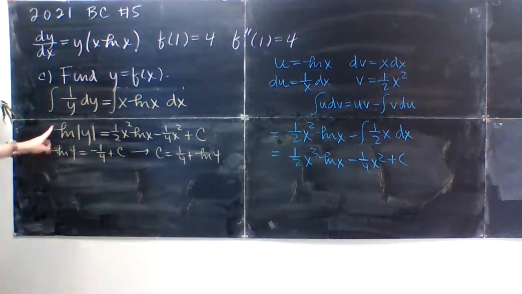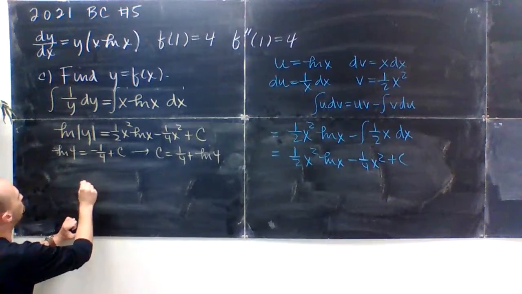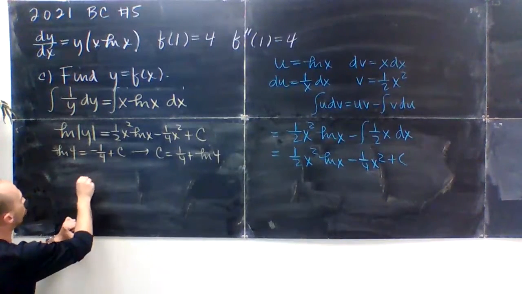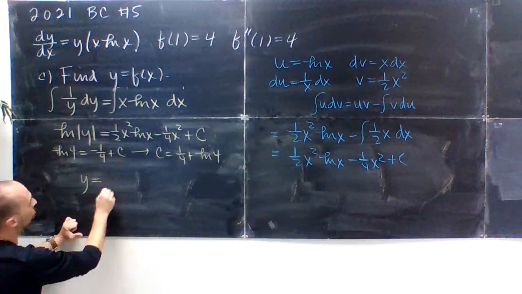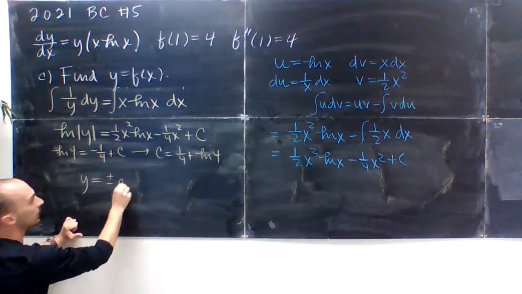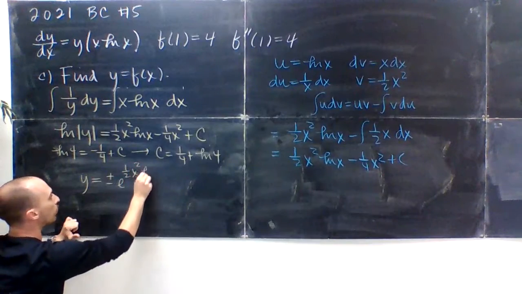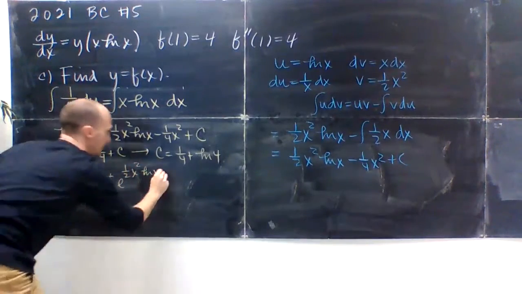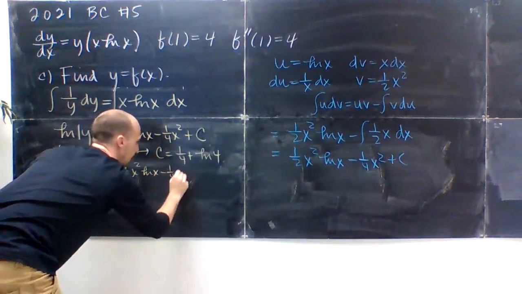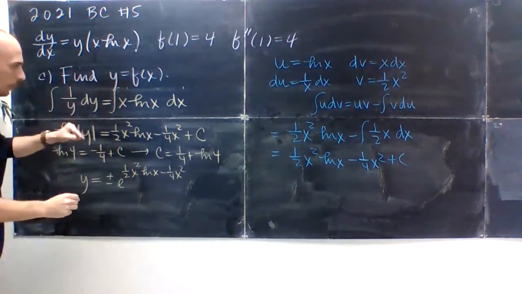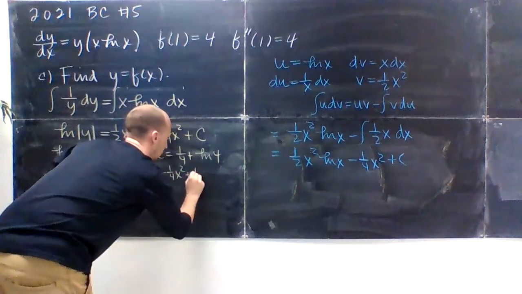And so then I'll just have, well, let's see, y equals plus or minus e to the, all of this, plus 1/4 plus log of 4.